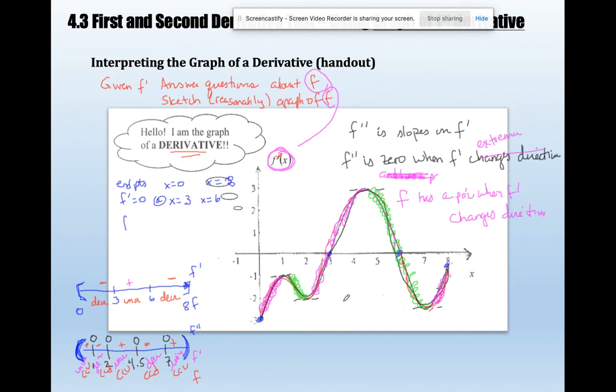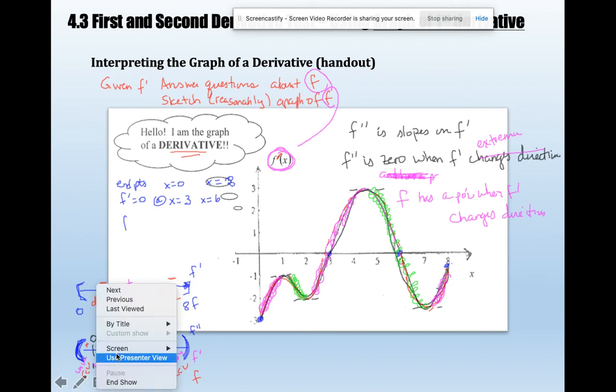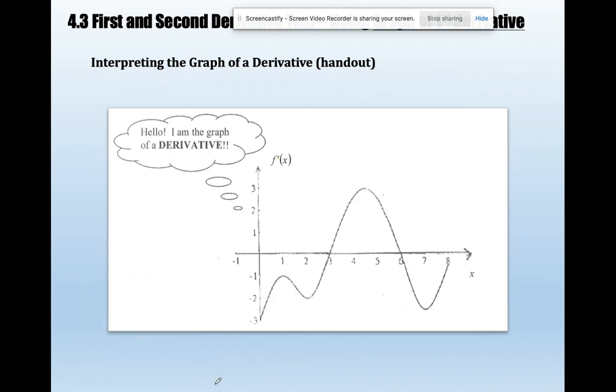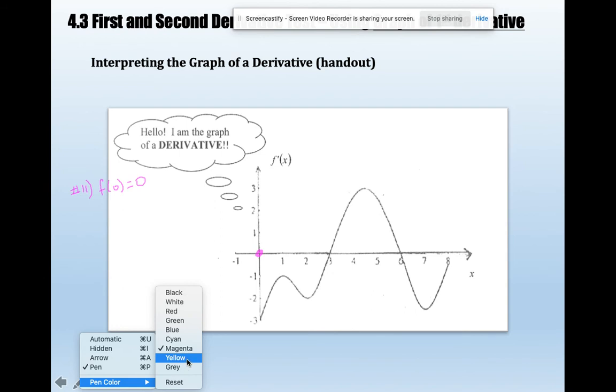So look at all this information, because I need to erase this since I'm going to draw on top of it. Again, I'm going to go all the way to number 11 where it asked me to draw it. Then I'll go back and fill in the questions, okay? So number 11 says, given a point on the original, please graph it. Now they want me to graph the pieces in between.